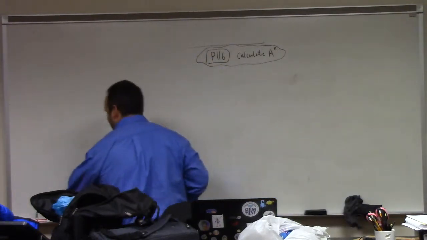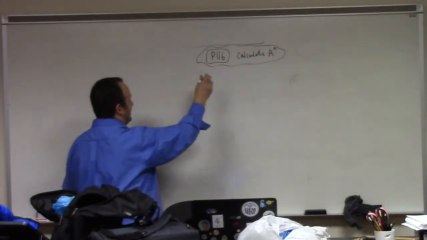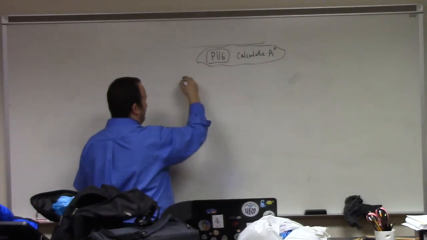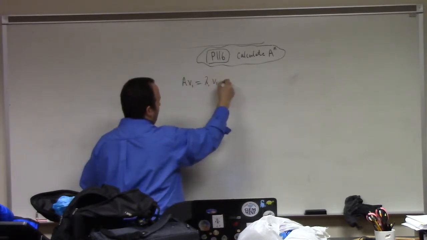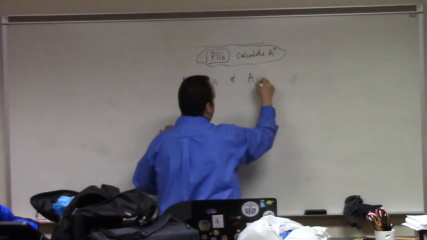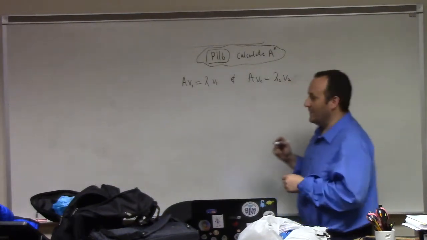So something I have derived in the videos that I've asked you guys to watch, but I don't think I've actually done in your class, is just to show that, if we have AV1 is lambda 1 V1, and AV2 is lambda 2 V2, like that, right?